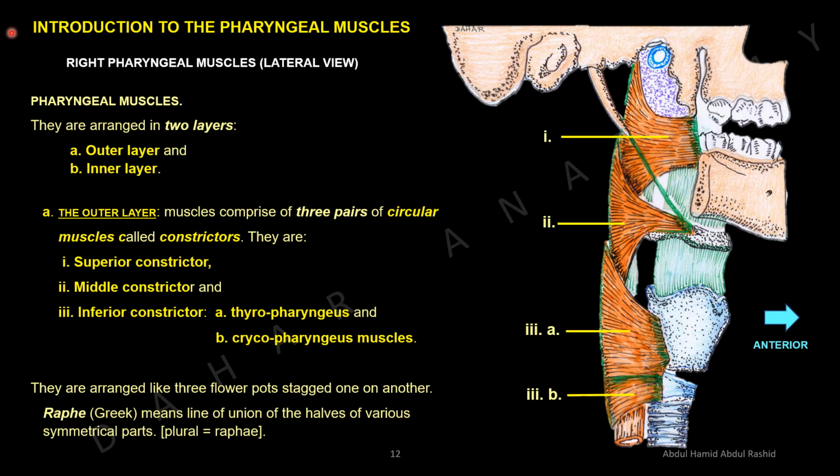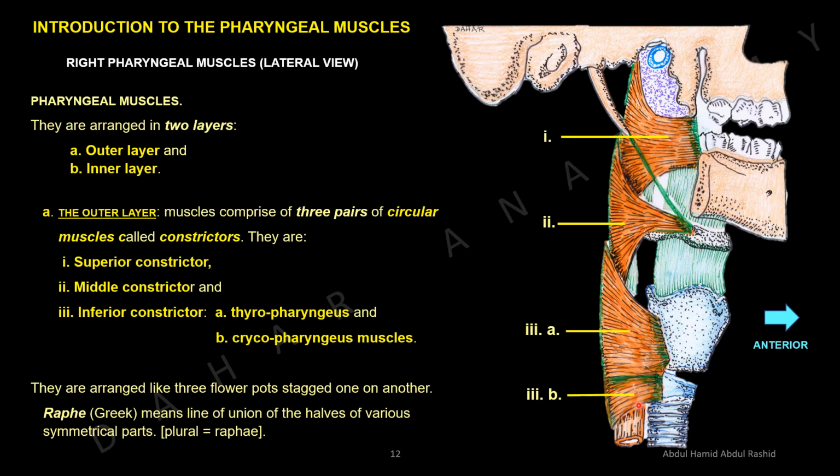Introduction to the pharyngeal muscles. We are looking at the right pharyngeal muscles from the right side, from the outside. This is anterior. Pharyngeal muscles are arranged in two layers, an outer layer and an inner layer. The outer layer comprises three pairs of circular muscles called constrictor muscles. They are the superior constrictor, middle constrictor, and inferior constrictor.